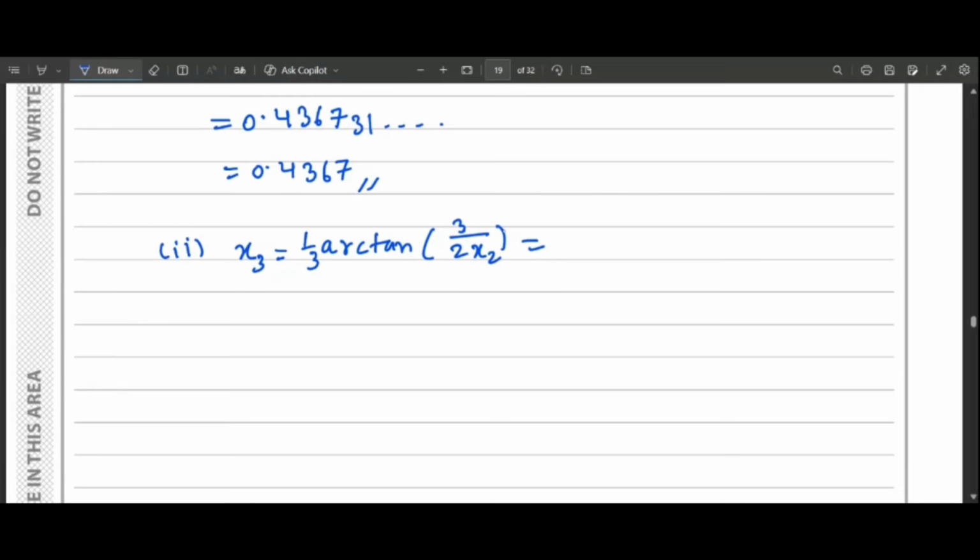Doing this will give us 0.429158, and so on.